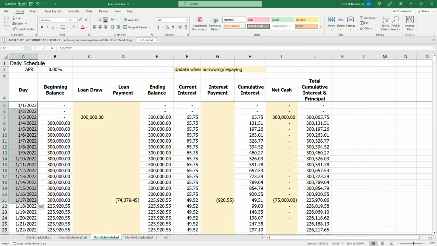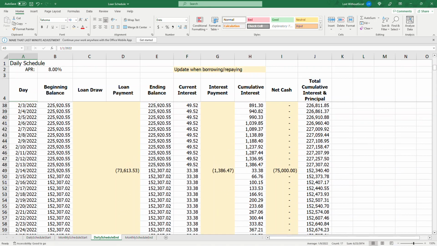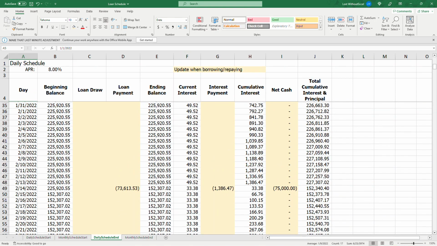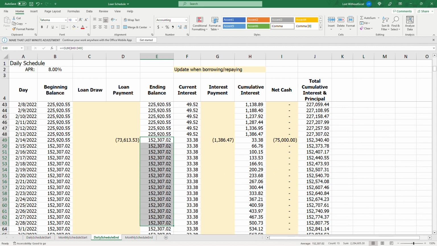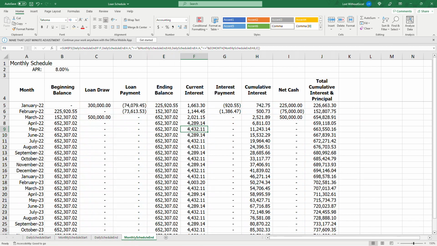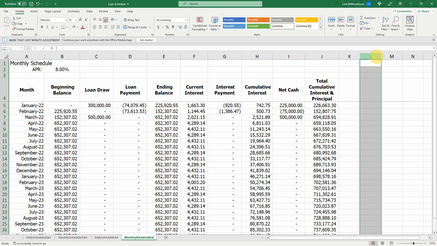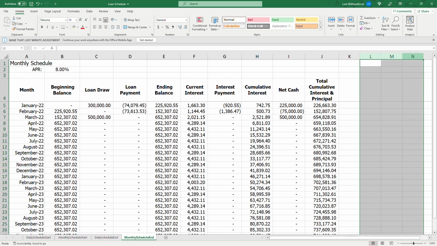But if we go to a daily example, let's take February of 22, we have one balance for 13 days and then a different balance for 15 days. If we were only tracking on a monthly basis, we would either have to manually calculate the interest, or have separate notes off to the right indicating which day the payment was made, and it creates a funky formula.